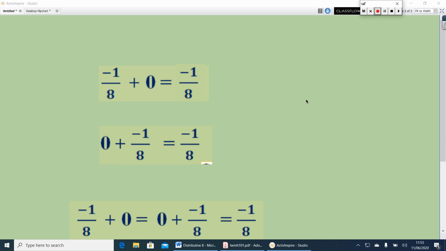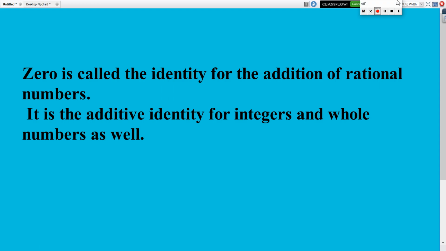So we can say 0 is the additive identity for whole numbers and integers. So we can write, 0 is called the identity for the addition of rational numbers. It is the additive identity for integers and whole numbers as well.